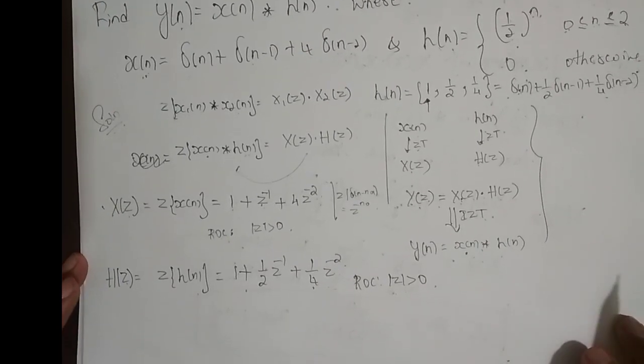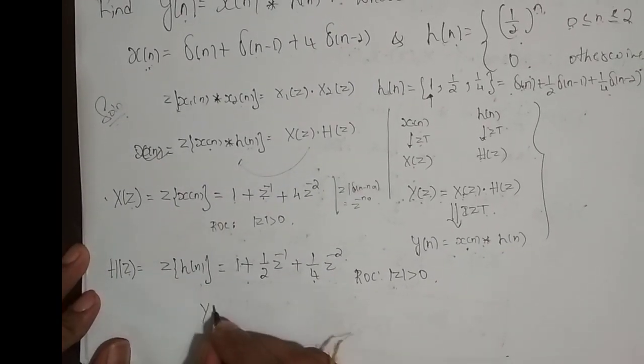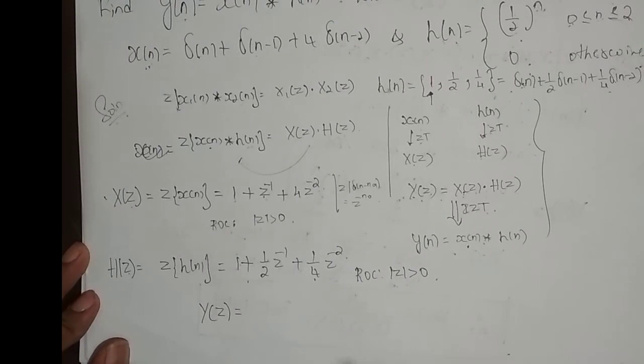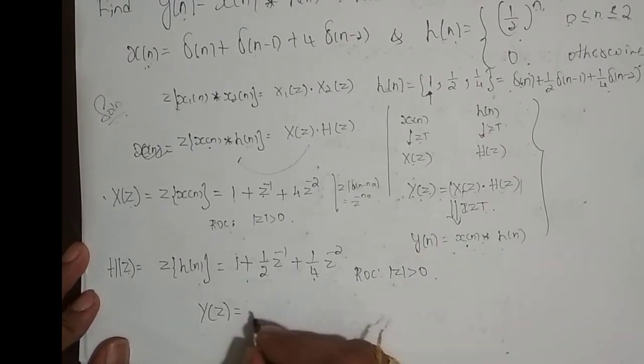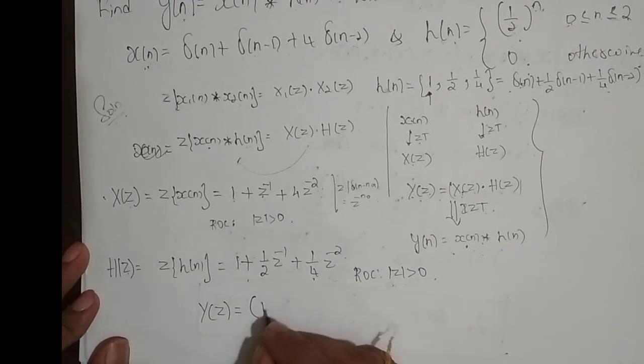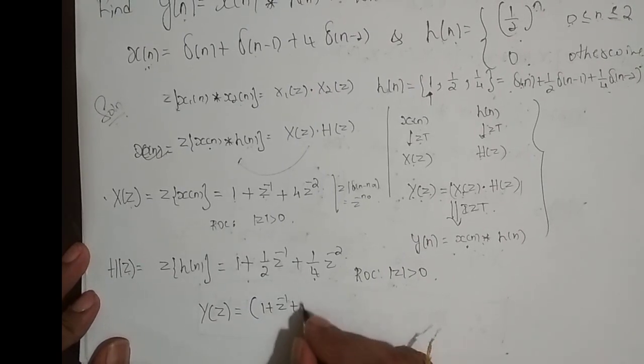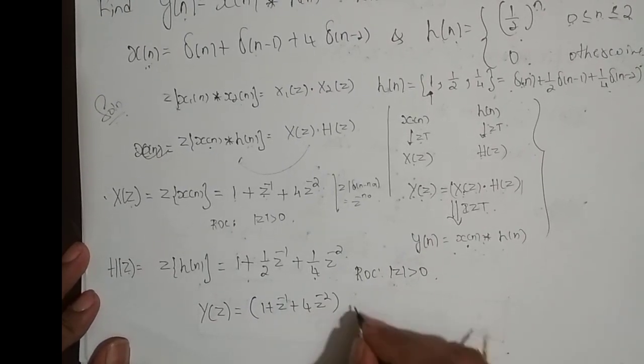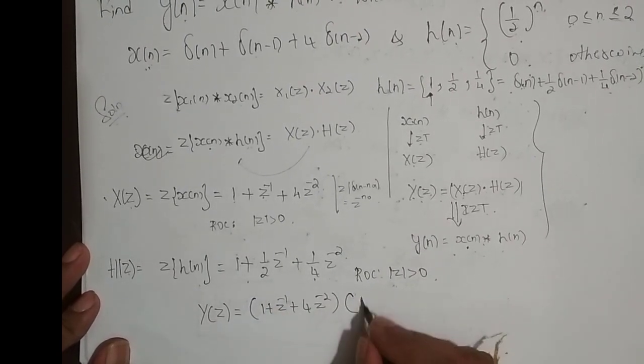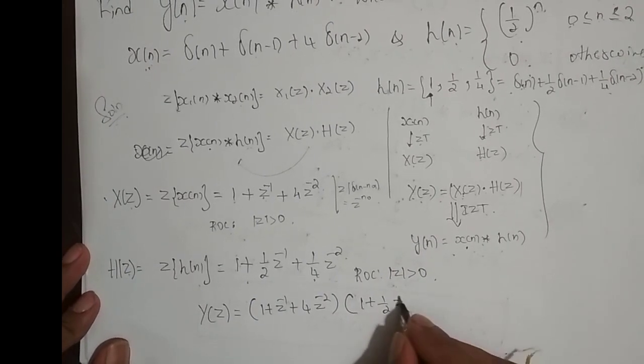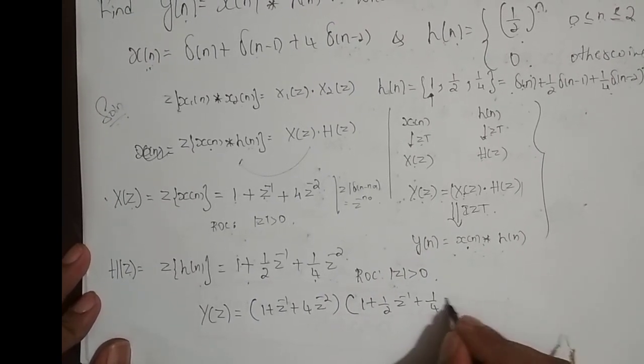So what is our next step? Our next step is to find y of z, which is equal to X of z multiplied with H of z. X of z is 1 plus z power minus 1 plus 4 into z power minus 2, multiplied with H of z, 1 plus 1 by 2 into z power minus 1 plus 1 by 4 into z power minus 2.